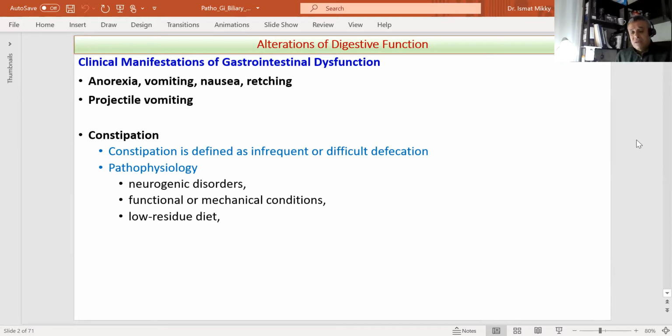The related or etiological factors include neurologic disorders, functional or mechanical conditions, low residue diet, sedentary lifestyle, and excessive use of antacids. Too much consumption of antacids could result in constipation because of the calcium content, in addition to changes in bowel habits.